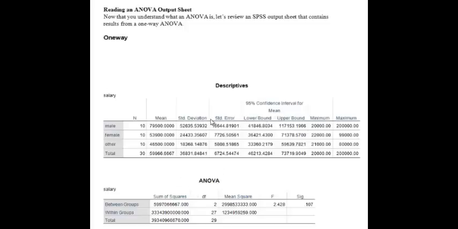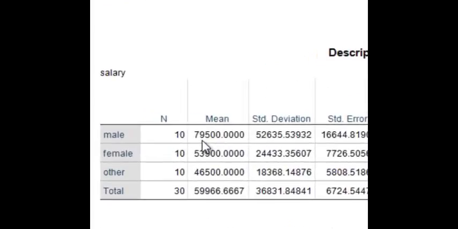Now, we get the descriptive statistics when we run the ANOVA, and then we get the actual ANOVA result. First, let's go through the descriptive statistics. So we see the mean score for males is about 79,500, females 53,900, and other 46,500.